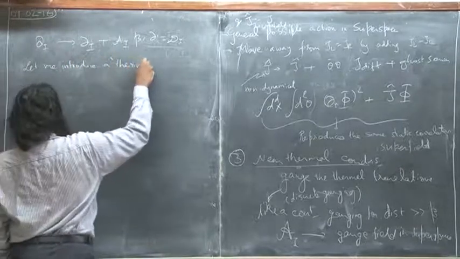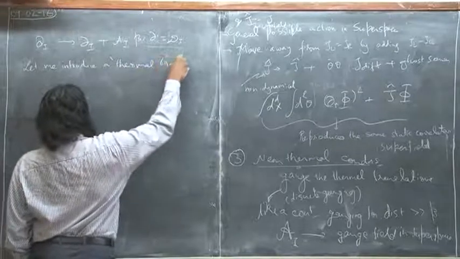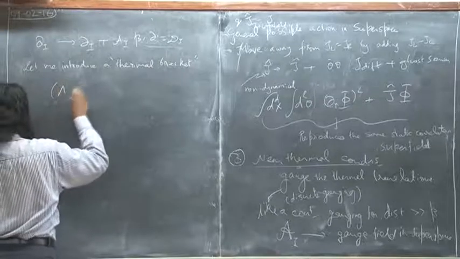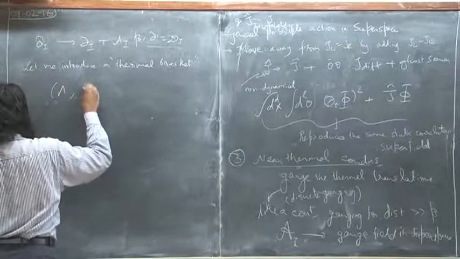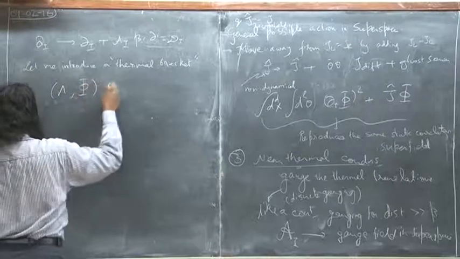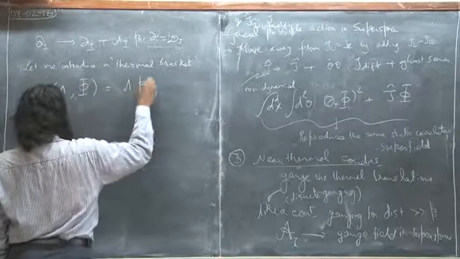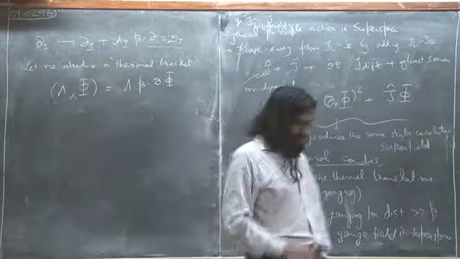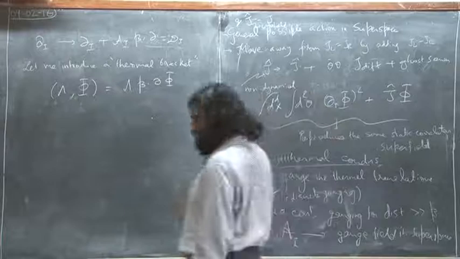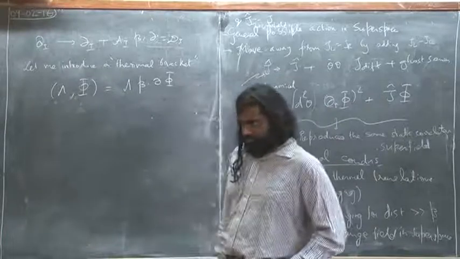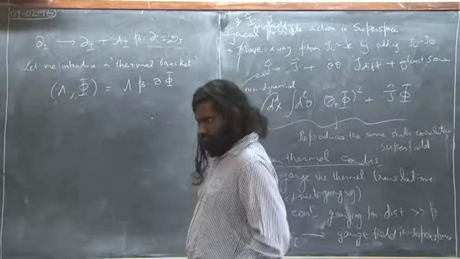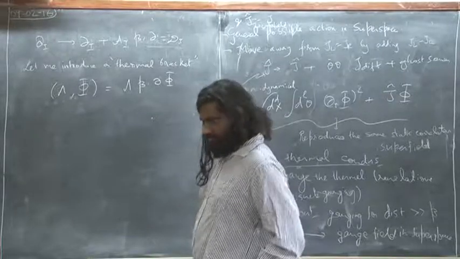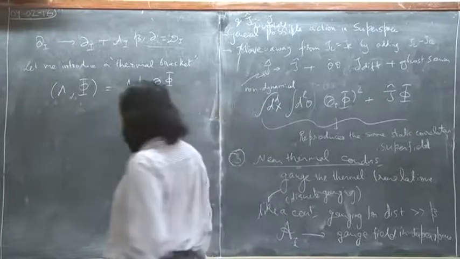Lambda is some parameter which does the thermal translation, and it takes a field phi and just gives lambda beta dot del phi. All these now should be thought of as just superfields or ordinary fields. It doesn't matter. But you're promoting a local translation by beta into an exact symmetry of your dynamics.